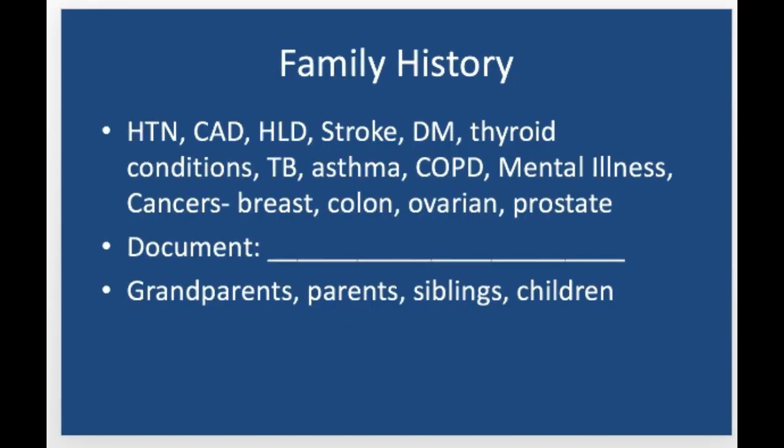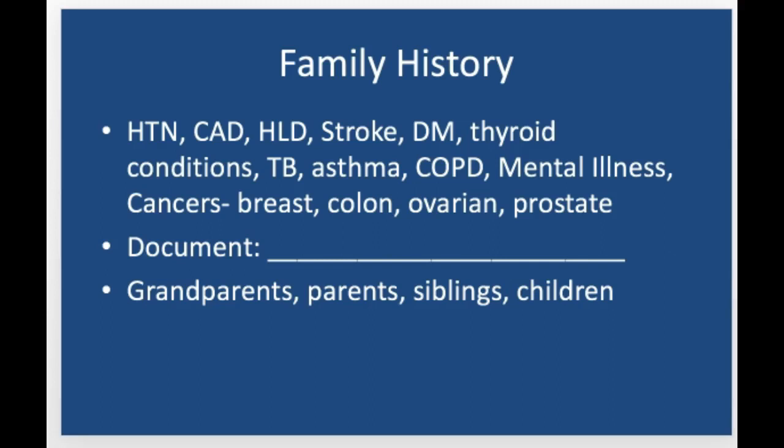So you'll ask about family history of hypertension, CAD, which is coronary artery disease, hyperlipidemia, stroke, diabetes, thyroid conditions, all these different areas. And then also the cancers are really important: breast cancer, colon cancer, ovarian, prostate, lung. And then you document denies family history of hypertension, coronary artery disease.